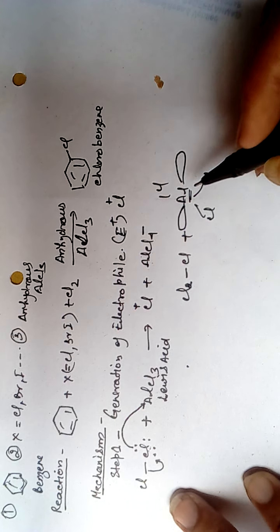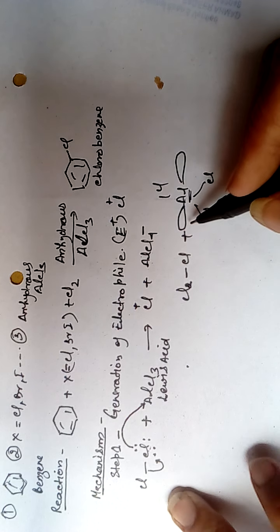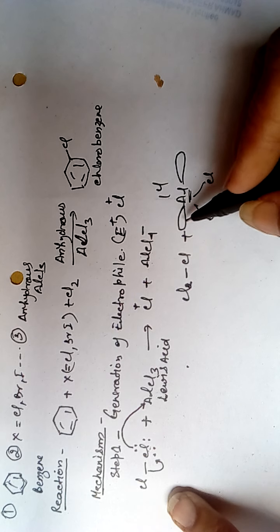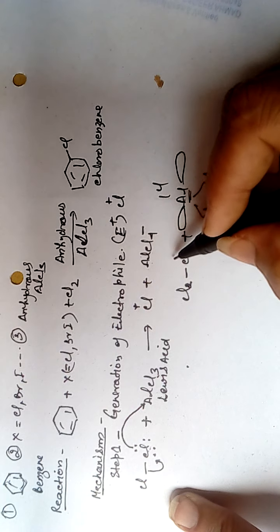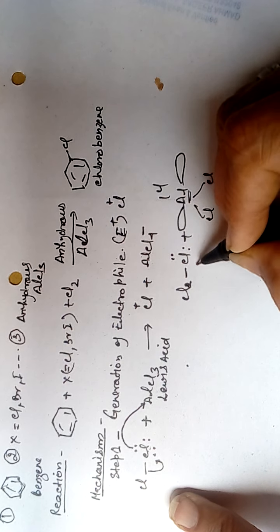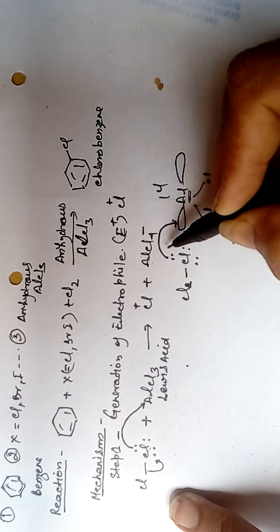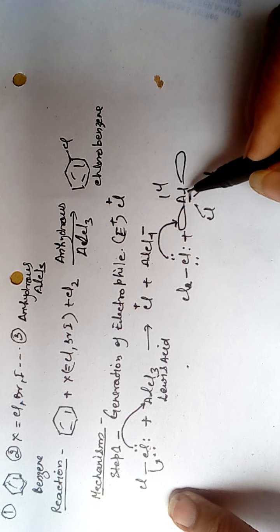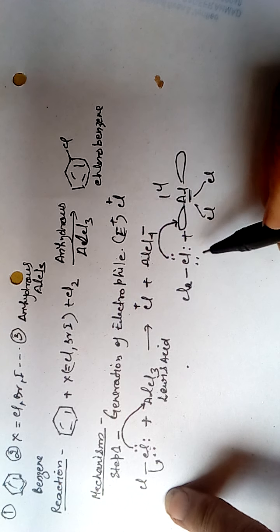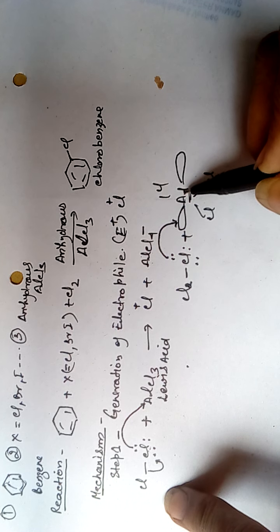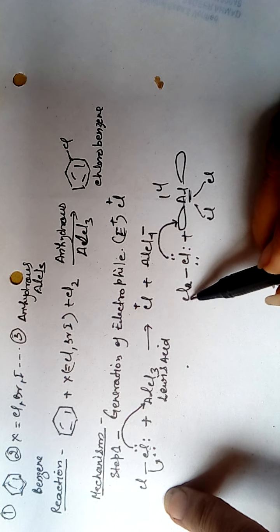It has 6 electrons in its outermost shell, and it has vacant p orbitals. The 3 lone pairs of electrons present on chlorine give electrons to the p orbital of aluminum, forming a coordinate bond. Then a bond forms between aluminum and chlorine, and the bond between chlorine and chlorine is broken.